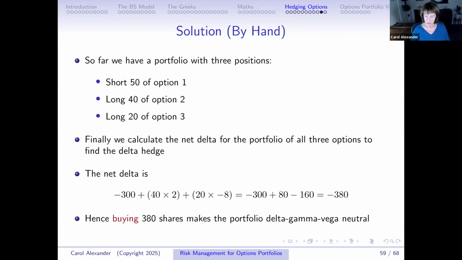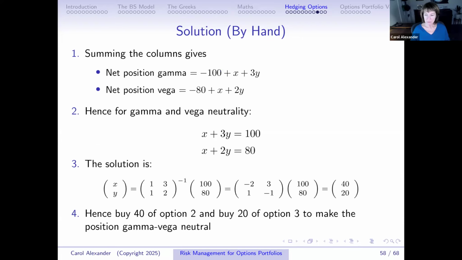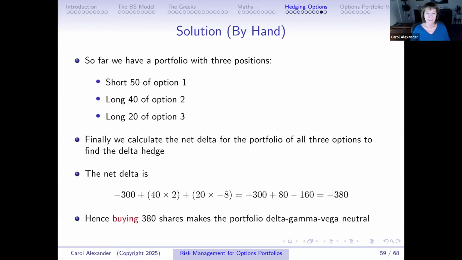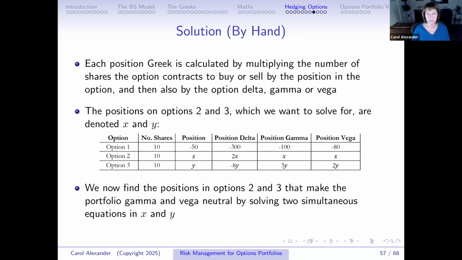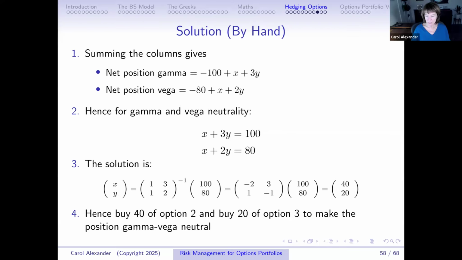So now we've got 40 and 20, so long 40 and long 20 on options 2 and 3. And we were originally short 50 of option 1. So now what is the net delta for the portfolio? We know that X is 40 and Y is 20.